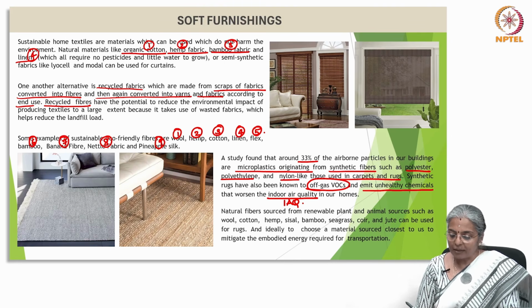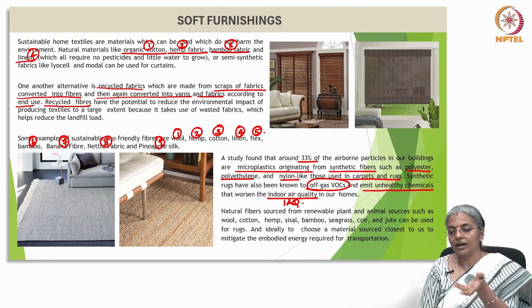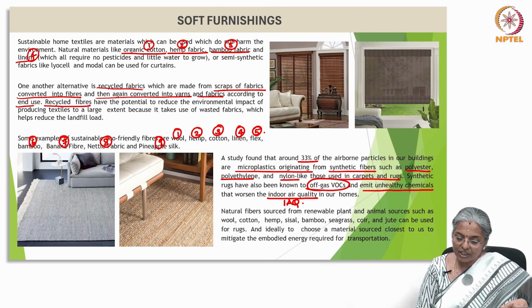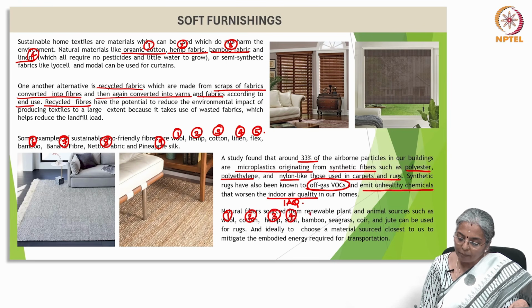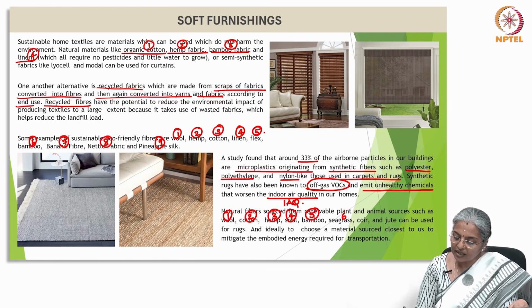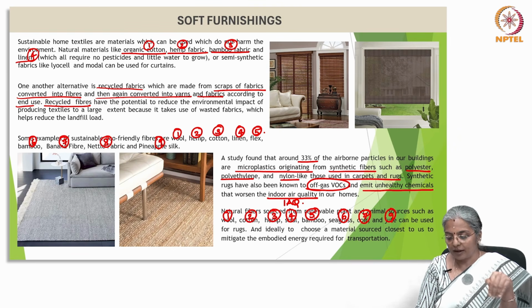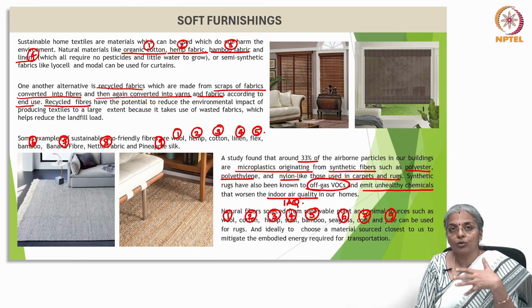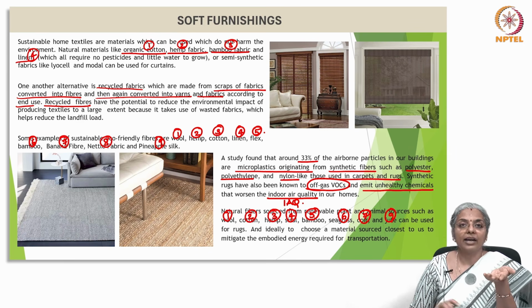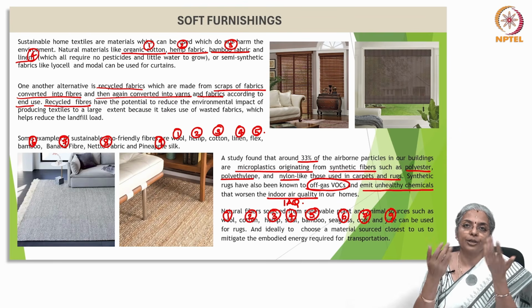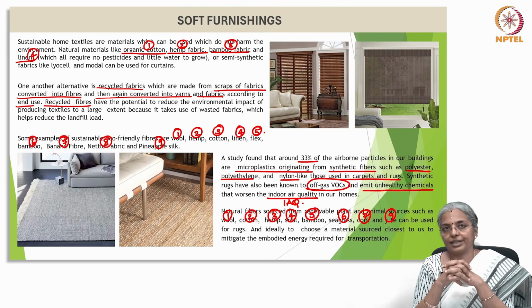So, natural fibers sourced from renewable plant and animal sources such as wool, cotton, hemp, sisal, bamboo, seagrass, coir, jute can be used for rugs and carpets, and ideally choosing a material sourced closest to us can reduce the embodied energy due to transportation.